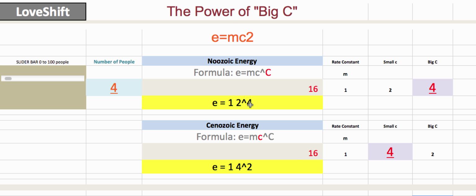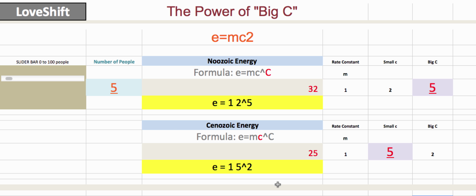So what we're trying to demonstrate here is that in this case we're letting the collective consciousness be the variable, where down here it's the individual. Now we see that at 4 people in our group, there's the same amount of energy available. Let's take our group up to 5 people.